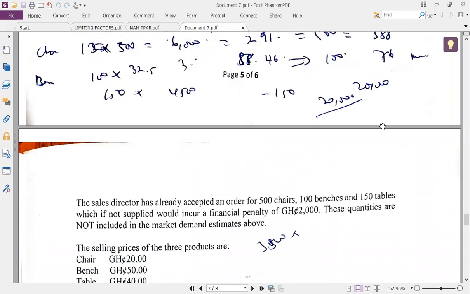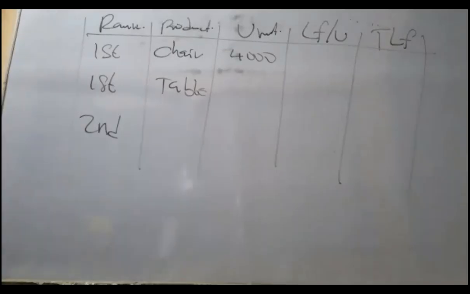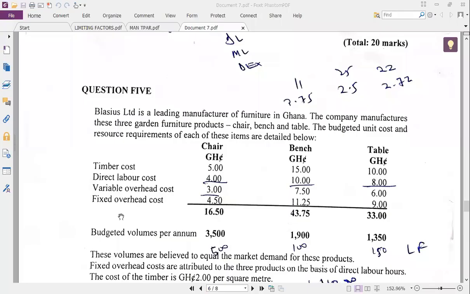So 150 plus the 1,350 will give us 1,500, right? Good, that'll give us 1,500. The demand for the table, that's the budgeted volumes per annum, 1,350 under the table.